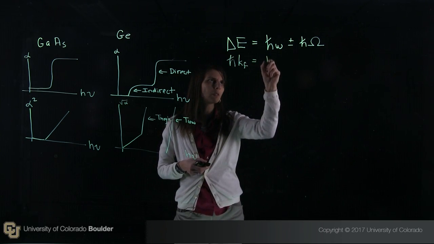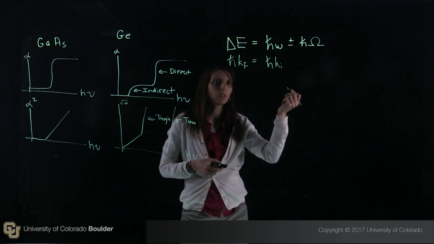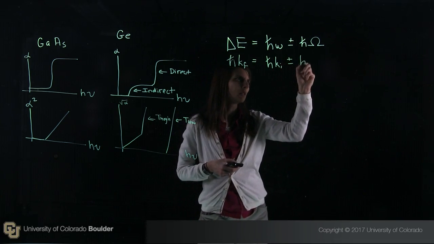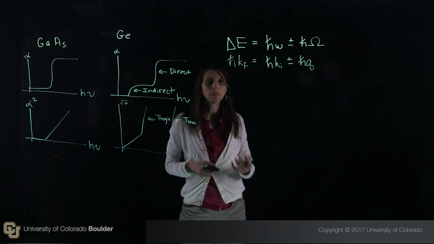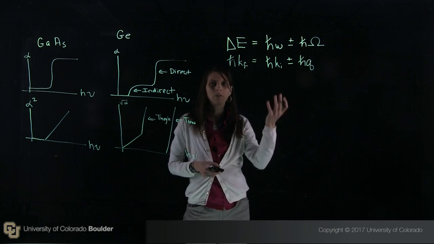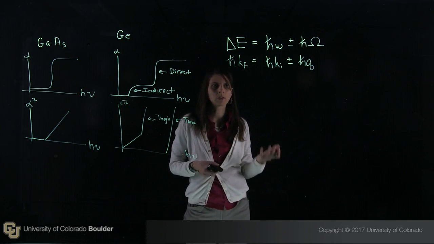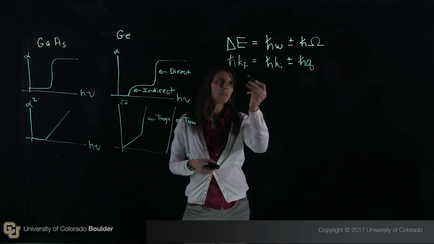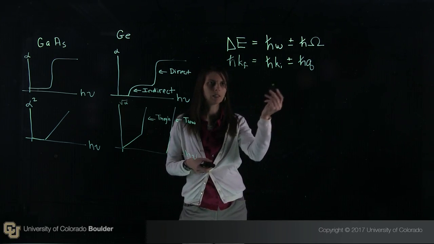And essentially, this is going to be equal to h bar k sub i, the initial momentum, plus or minus the momentum of the phonon involved. It's important to note it's plus or minus because essentially we can either have phonon absorption or emission in order to get energy and momentum conservation for this process. Note that the f and the i are subscripts denoting the final state and the initial state.